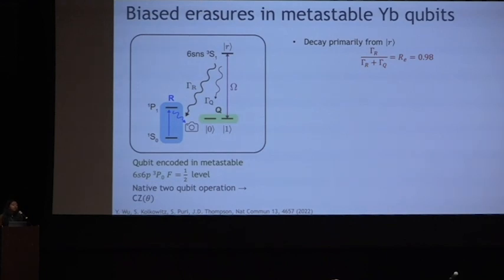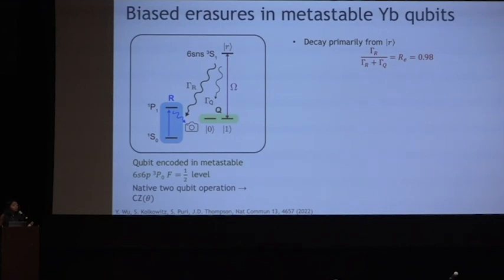This leakage can occur back to the qubit subspace, or it can occur to a set of external states, including the ground state. It turns out that for this atom, decay to these external states dominates over the decay back to the qubit subspace. In fact, it is 98% of the total decay occurring.